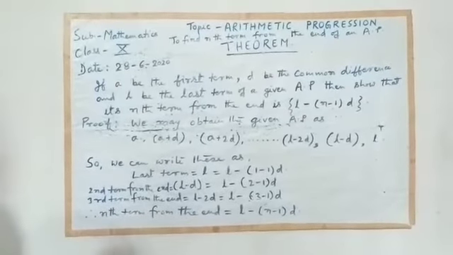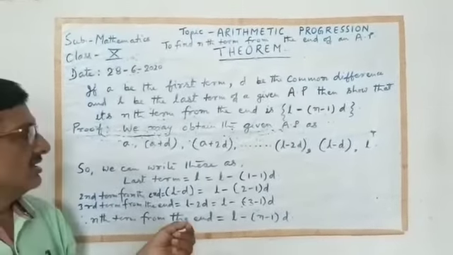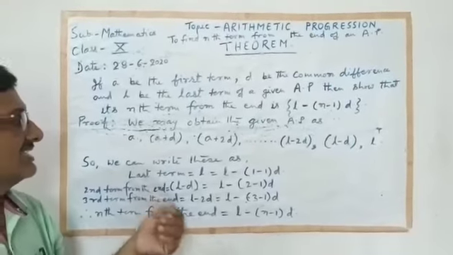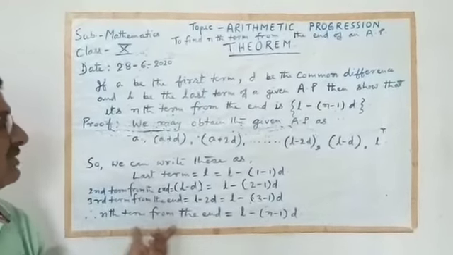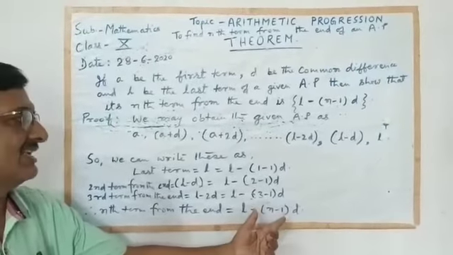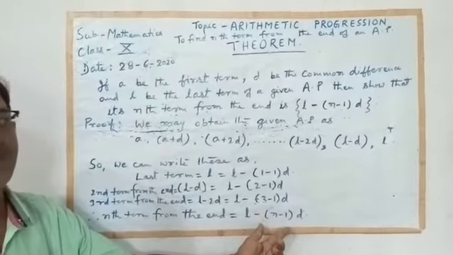So in this way, we can calculate any term from the end whose first term, last term, and common difference are given. By using this formula, we can find any term from the end of a given AP.